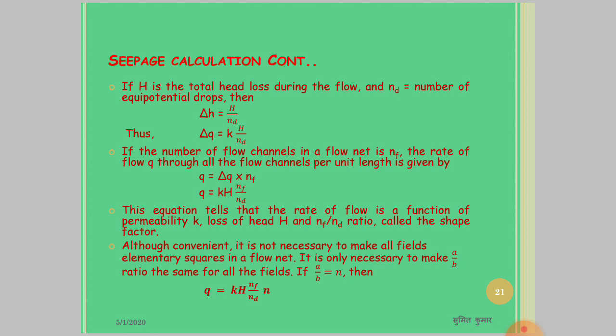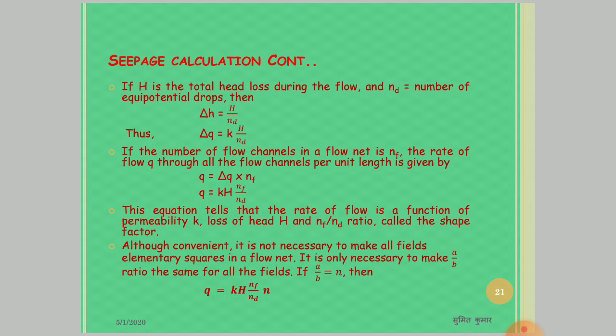Substituting the value of del Q, we get the rate of flow Q is equal to K into H into NF by ND. This equation tells that the rate of flow is a function of permeability K, loss of head H and the NF by ND ratio, which is called the shape factor.